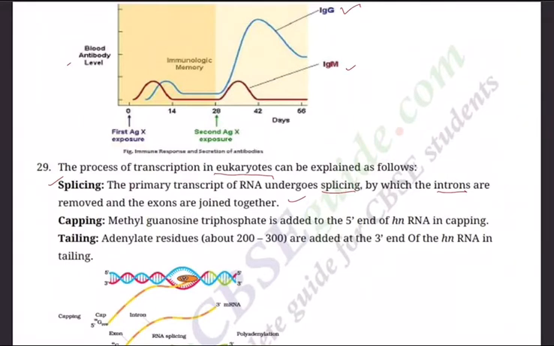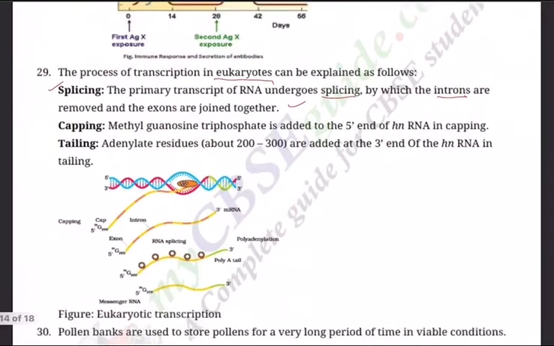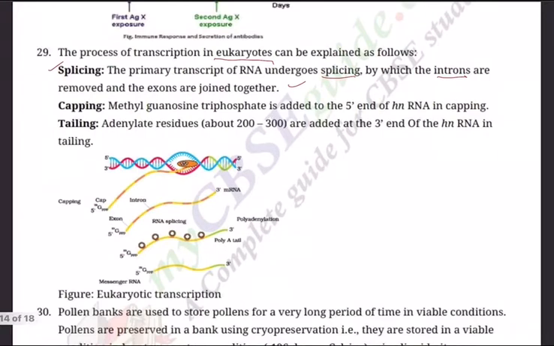Next, capping. Methyl guanosine triphosphate is added to the 5' end of hnRNA in capping. So capping is addition. Tailing: adenylate residues, about 200 to 300, are added at the 3' end of hnRNA in tailing.